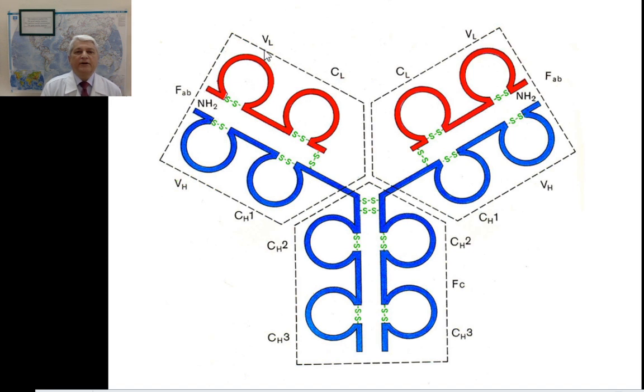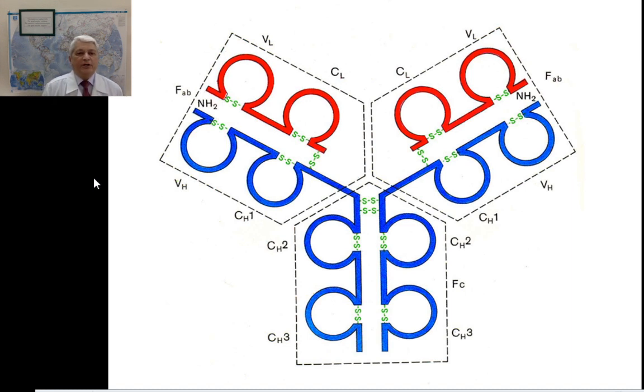And we have the variable domain of light chain and the constant domain of light chain. What is situated here? You remember, here we have an antigen binding site, and here we have the second antigen binding site. Disulfide bonds here, here, and here are necessary for connecting different chains together in one molecule.